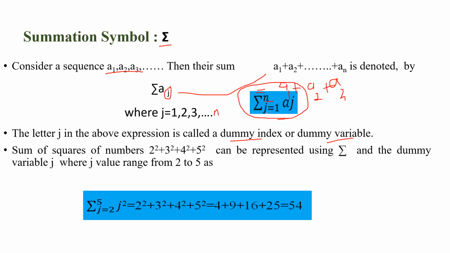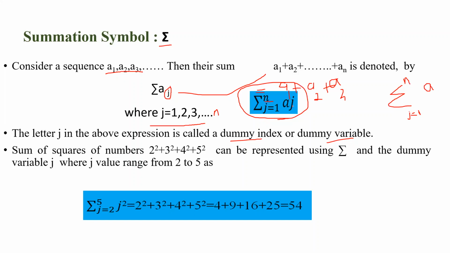If the board was there, I would write the sigma symbol, and below it j equals 1. This will be the lowest value of j, and the highest value of j will be indicated on top of the sigma symbol. And next to that, we will write the variable a j.